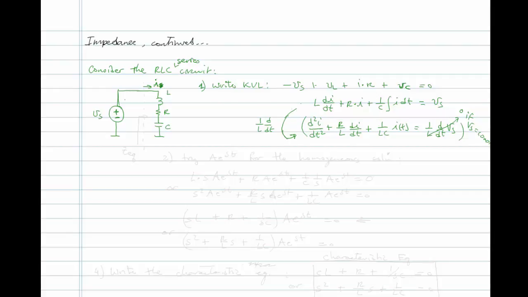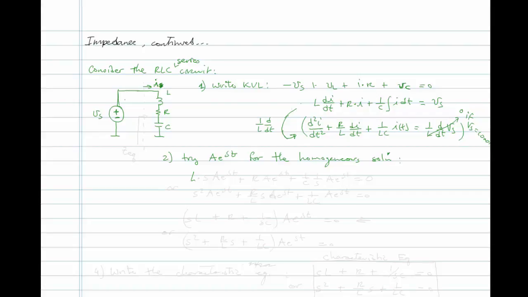Now we try a solution. We try an A e to the st for the homogeneous solution. We're going to focus on just the homogeneous; I'm skipping the particular at the moment. So we take the derivative, and I'll do it on both of the two equations here.